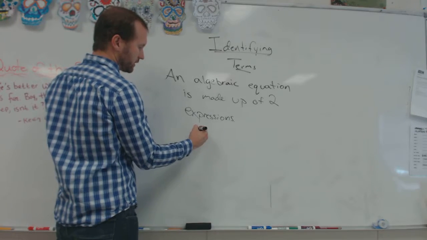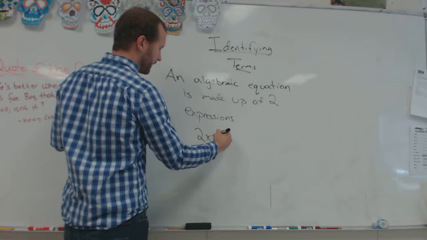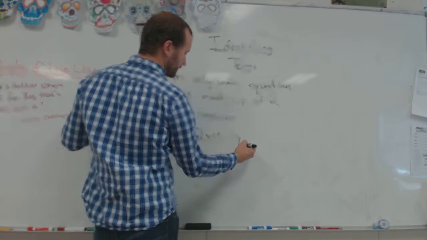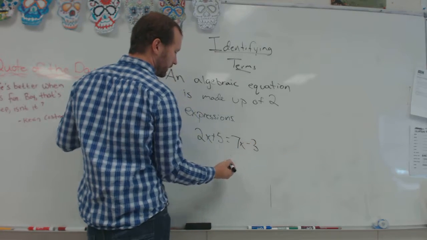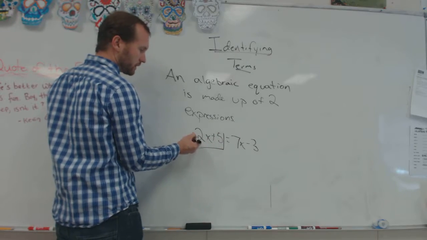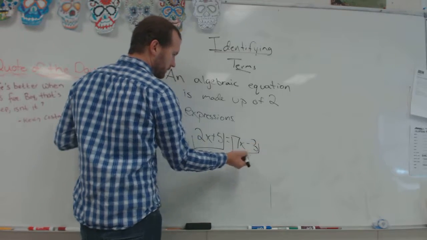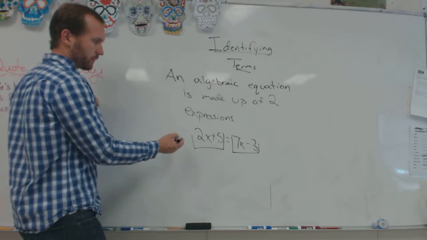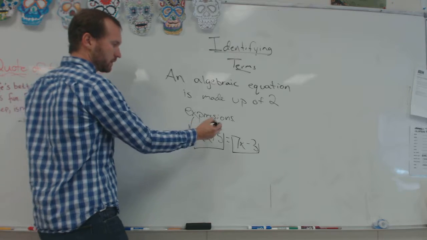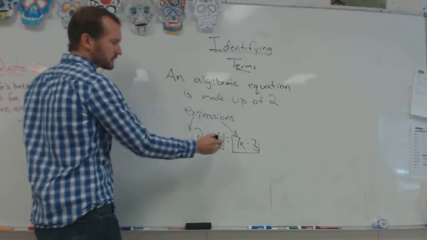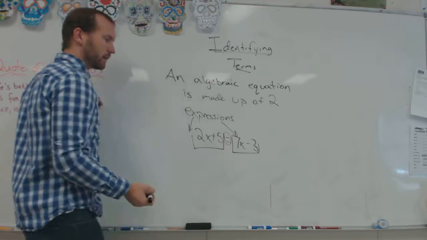So if I had an equation like 2x plus 5 equals 7x minus 3, here's one expression, and here's another expression. Right? 1, 2. And those are separated by an equal sign.